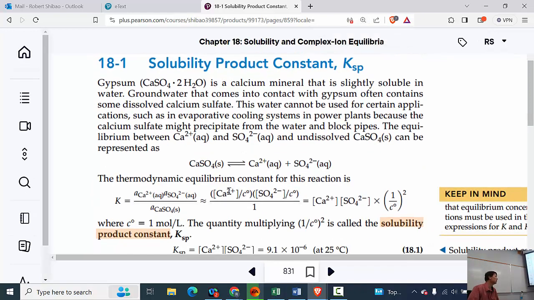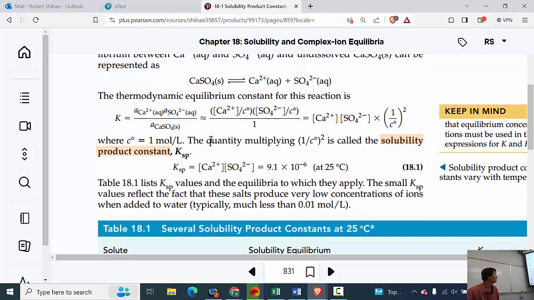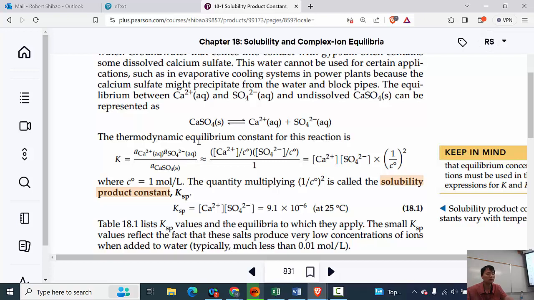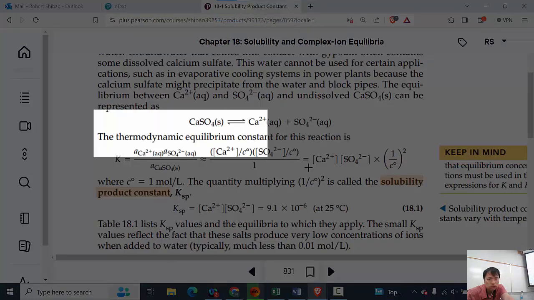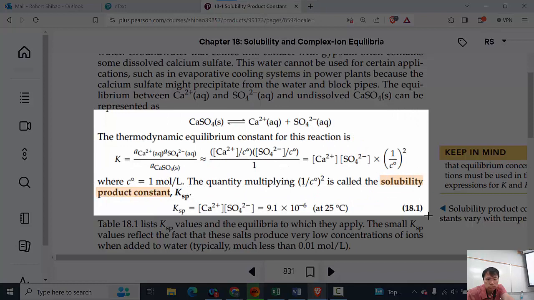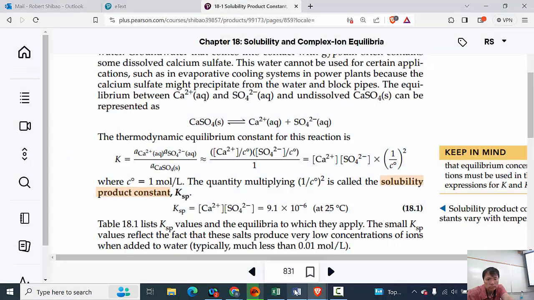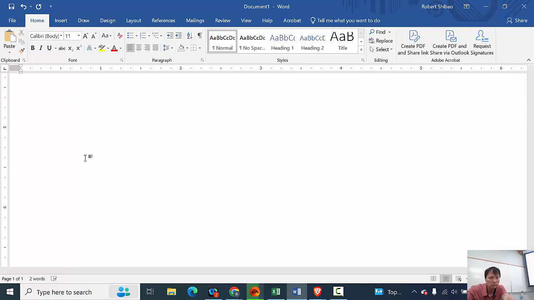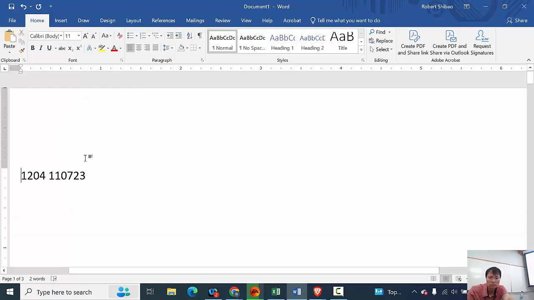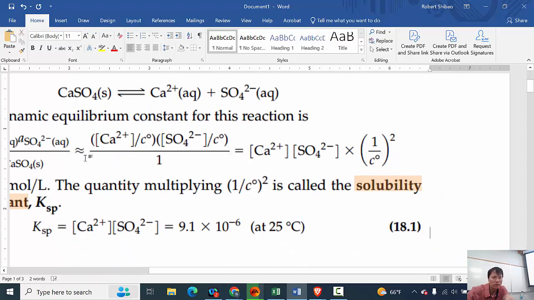And so this equilibrium we describe as, here, let me just copy this. It is the equilibrium between the precipitate and its saturated solution.